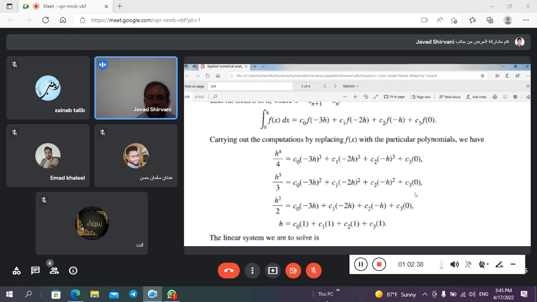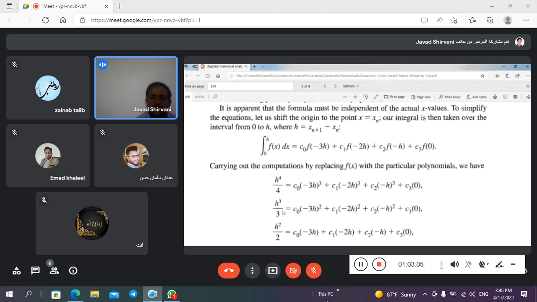As you can see, if we replace f by h, the analytical integration of 0 to h of x dx becomes h2 divided by 2.